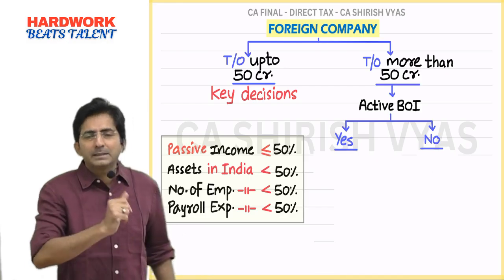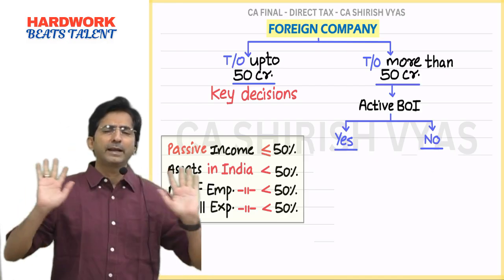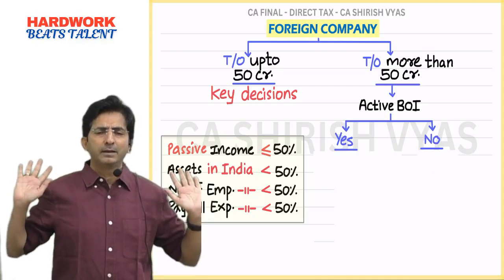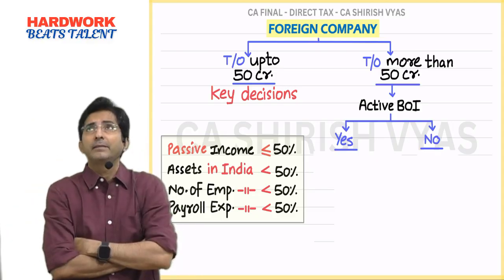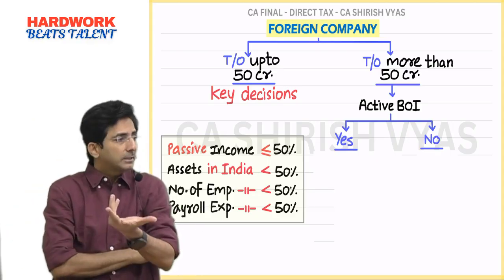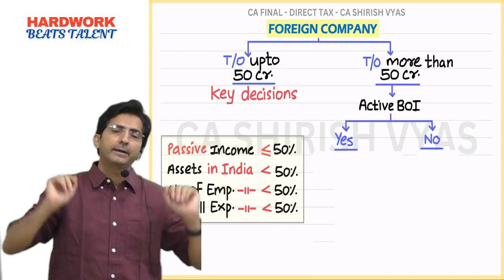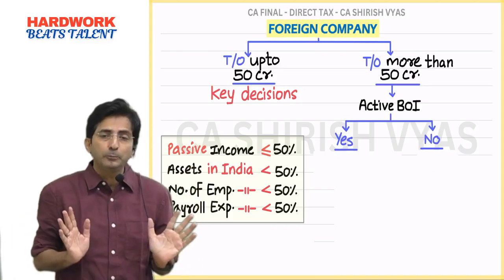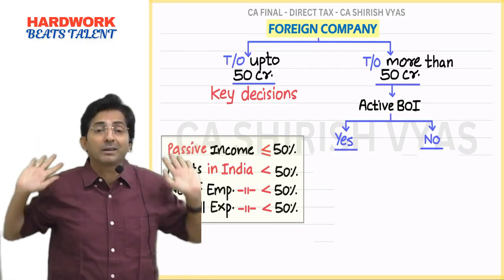What do you mean by passive income? Income where you don't have to put in any effort. It's investment income. If I invest in some property and I simply earn rent, it's passive income. If I invest in shares of a company and I enjoy dividend, it's passive income. Passive means sitting at home you get the income without any work.